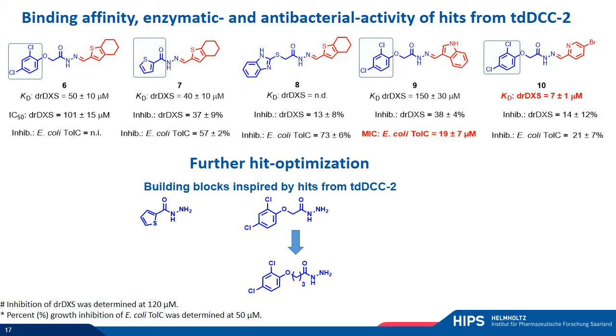Another common structural motif which was present in the active hits from the first and the second DCC run was also included, and that was indole. So here we used indole 6-carbaldehyde instead of indole 3-carbaldehyde to understand the effect of the substitution pattern of this ligand on the binding to the protein, and if it also influenced the activity of the potential acylhydrazones.